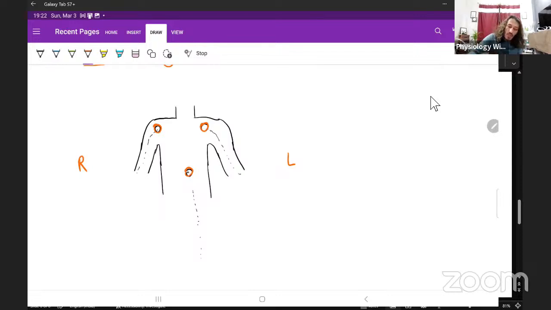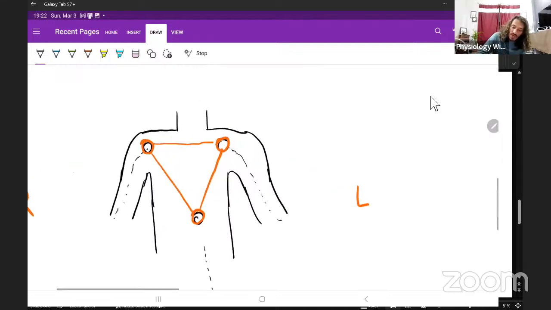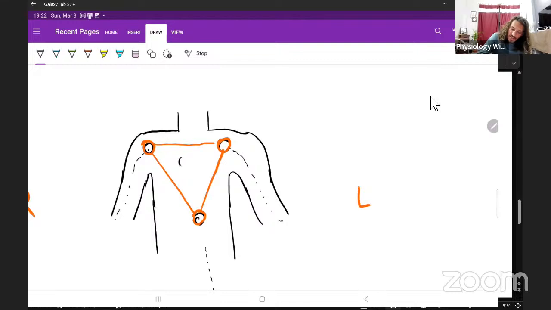So this is what we call an Einthoven triangle, named after the person who was responsible for bringing about your ECG signals. So this is an Einthoven triangle, and somewhere in the middle of that, you'll have your heart. Again, the same diagram that we were drawing earlier.